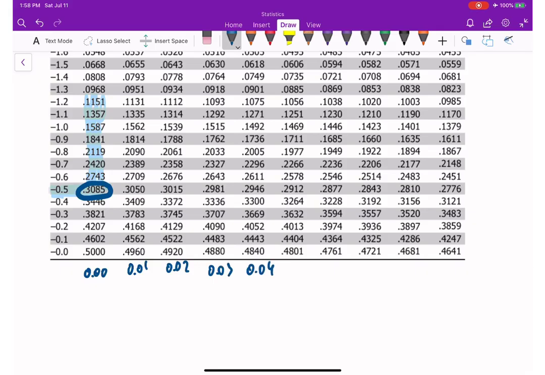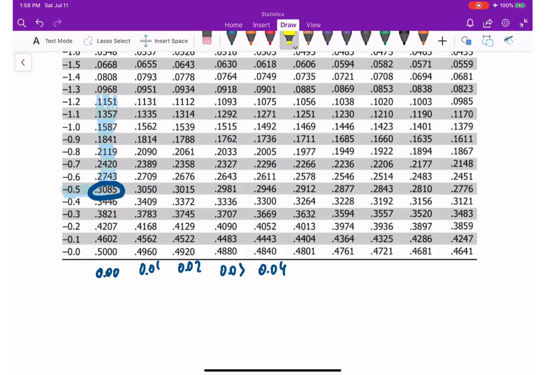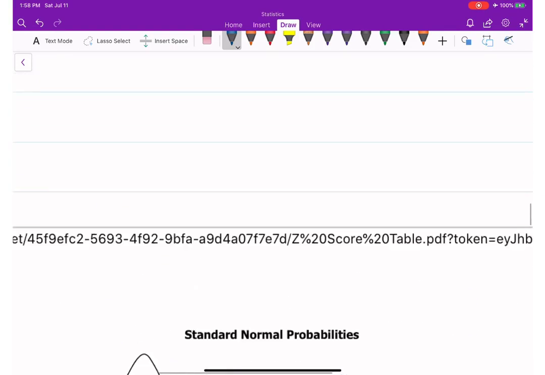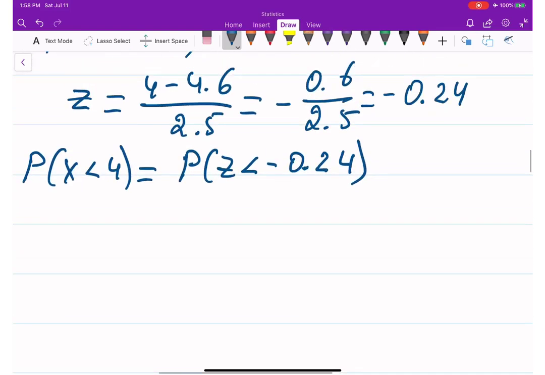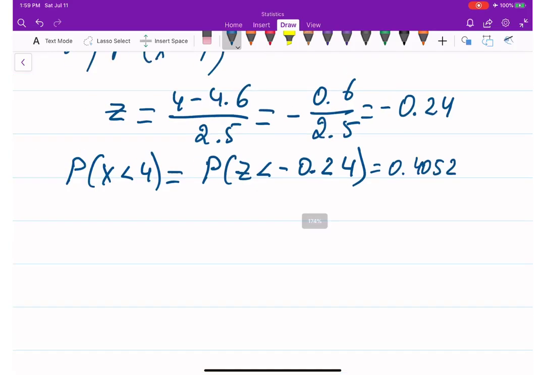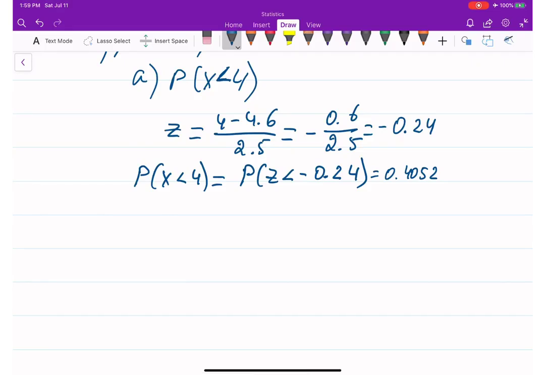So I'm going to come right here, 0.2, starting here, and coming till 4. 0.4052. So 0.4052. Okay.